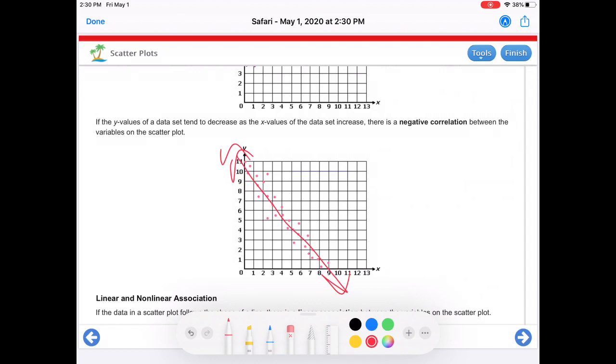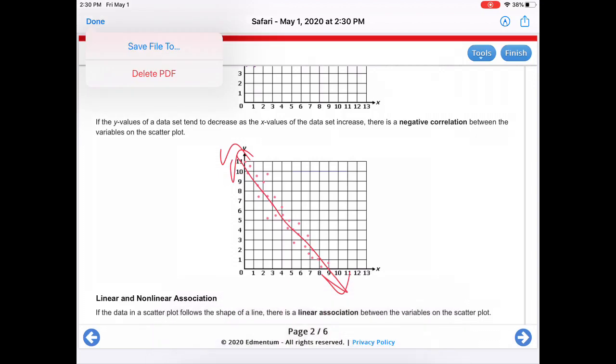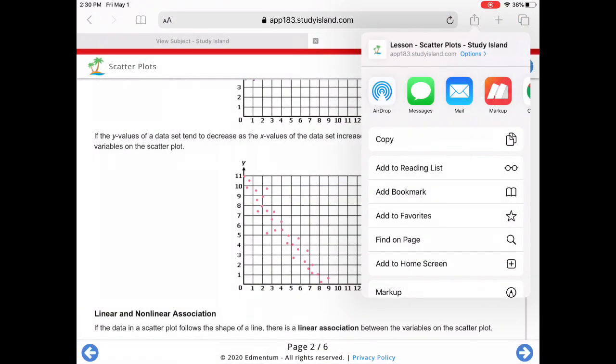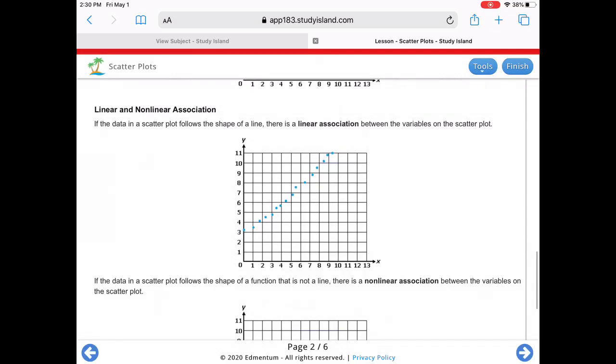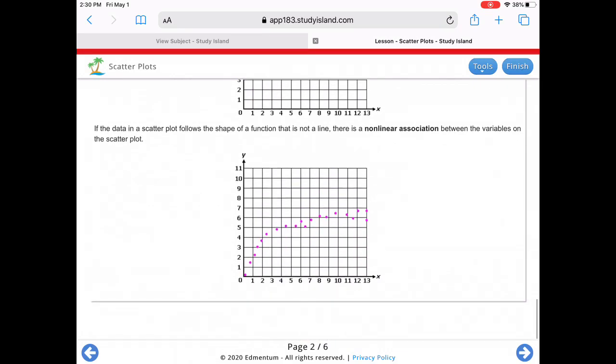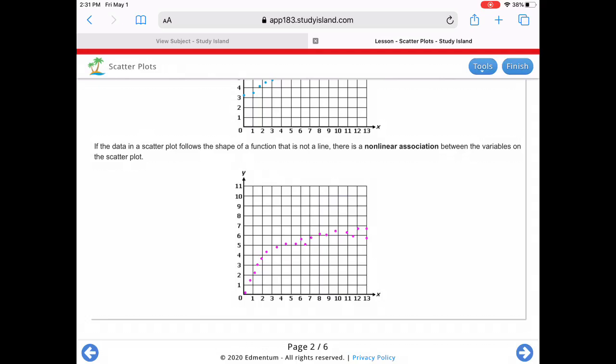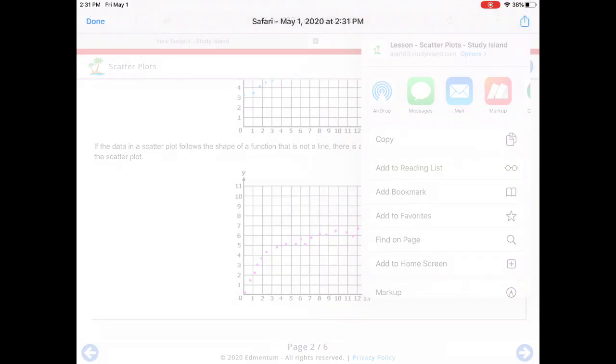Both of those, you notice how I drew lines there, because those are both linear relationships. But there are some scatter plots that don't make lines. This first one is an example of a linear relationship. It doesn't have to be a perfect line, but just has to fit in the shape of a line. But sometimes they don't always do that. For this example, it's clearly not a line. Now, a little bit of it might look like a slight line.